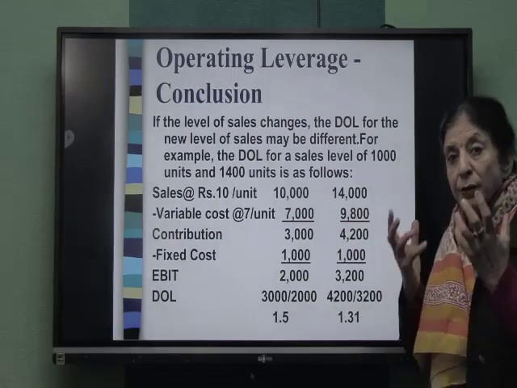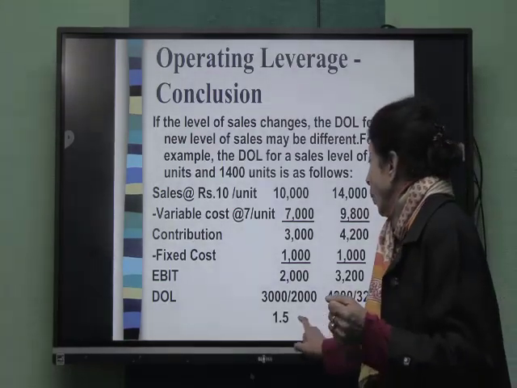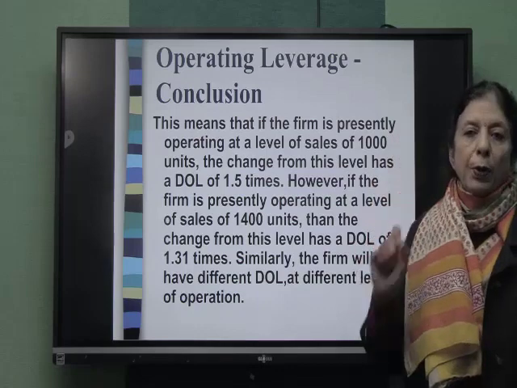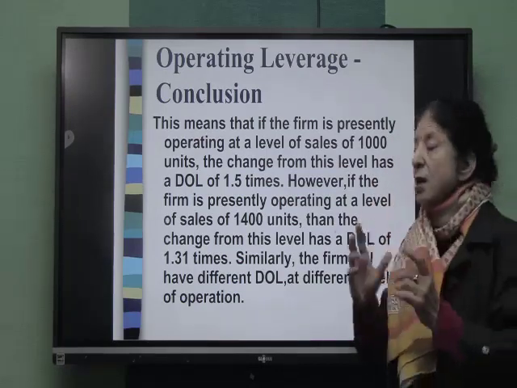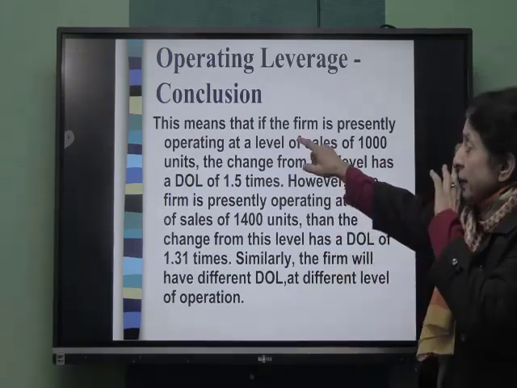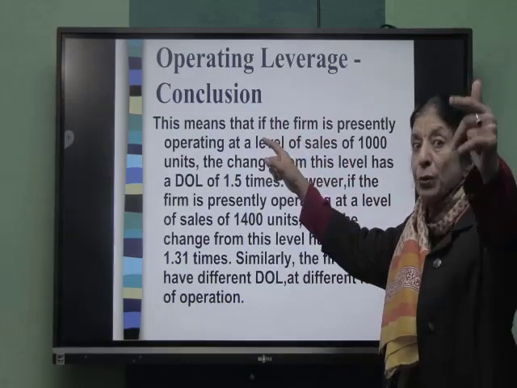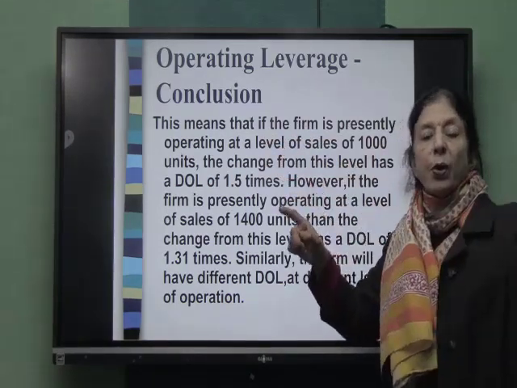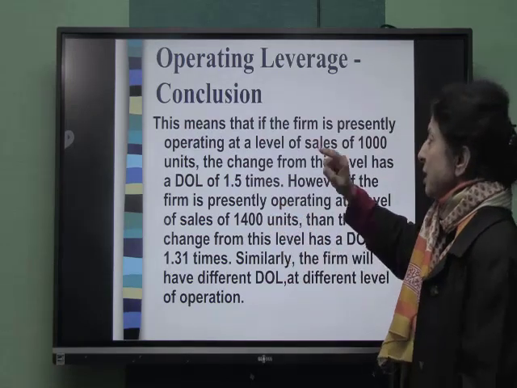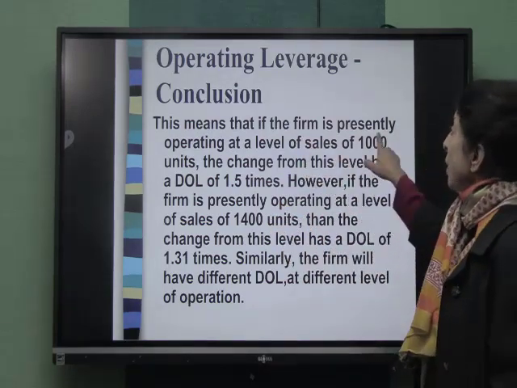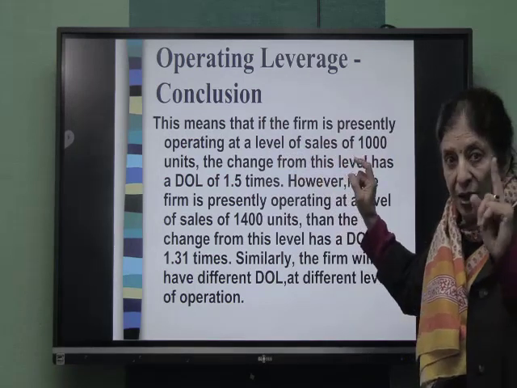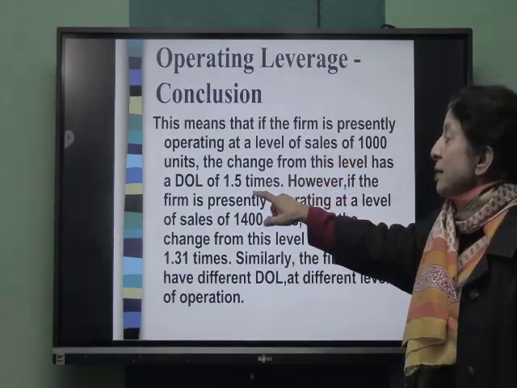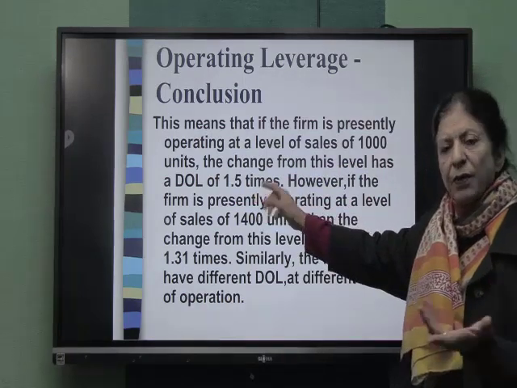Now the question before you is why it has decreased from 1.5 to 1.31. That's the main point. I had given you in the beginning also that as the number of units increases, DOL decreases. Just see the conclusion: if the firm is presently operating at a level of 1,000 units, the change from this level has a DOL of 1.5, as we had seen.